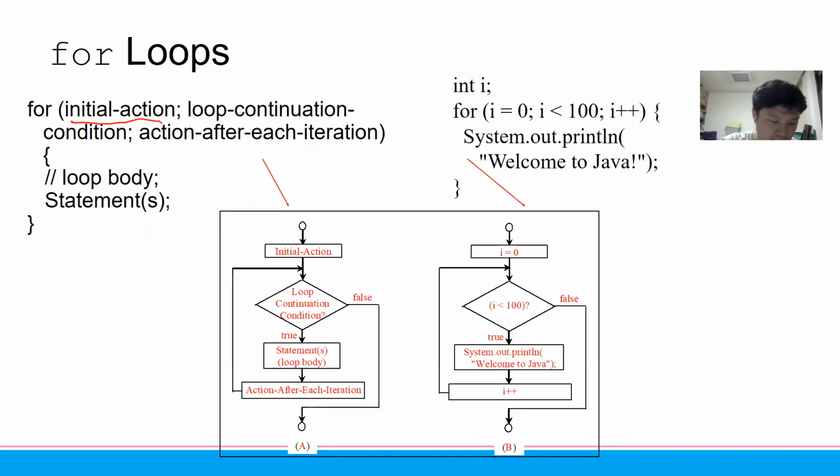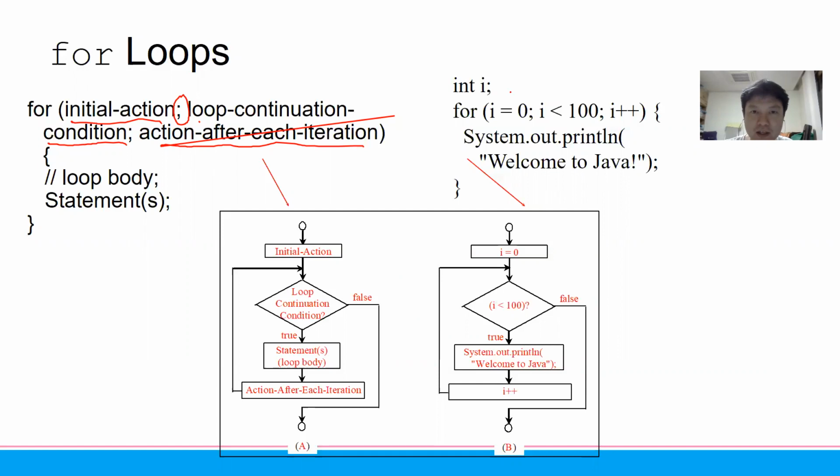After we have the initial action, we separate it with a semicolon, and then we give the condition. The condition is something that you need to set in order to keep looping. And after you set the condition, you need to put what kind of action to do after each iteration.